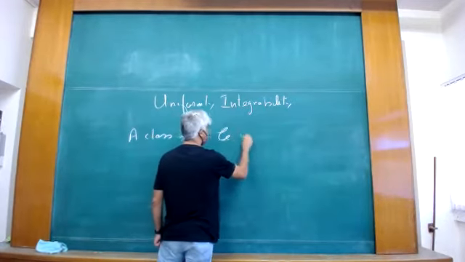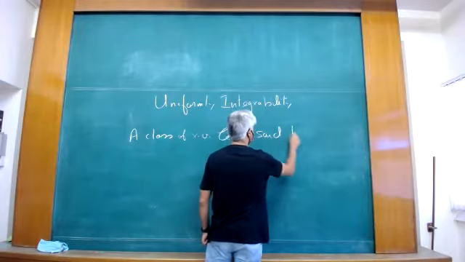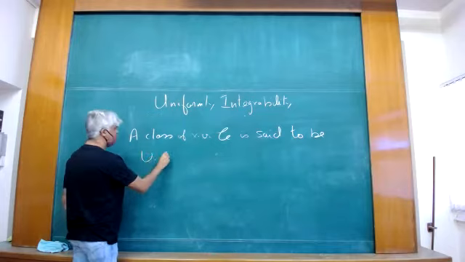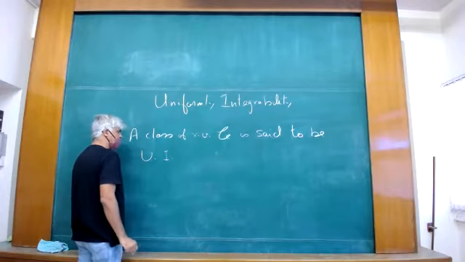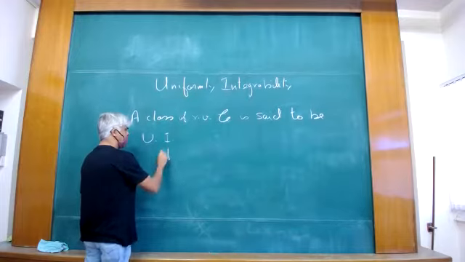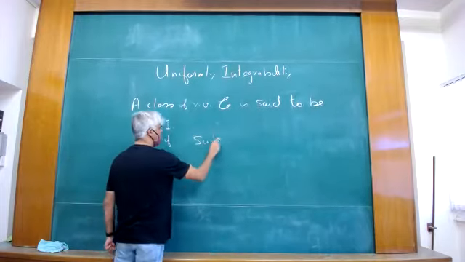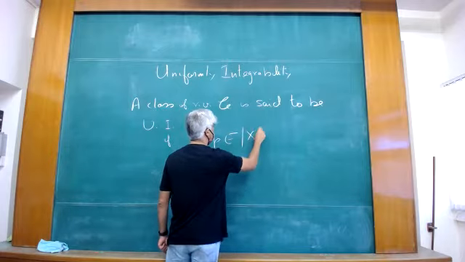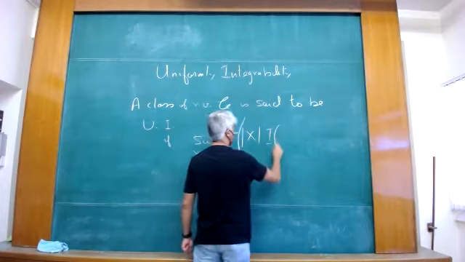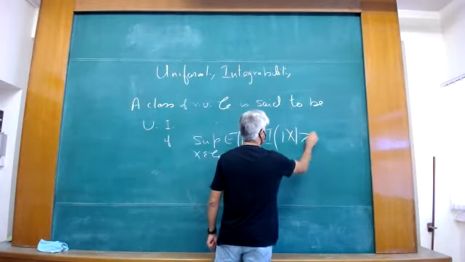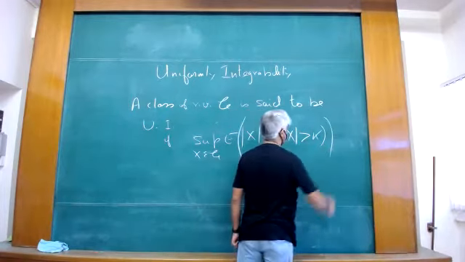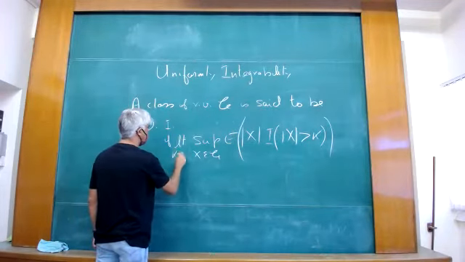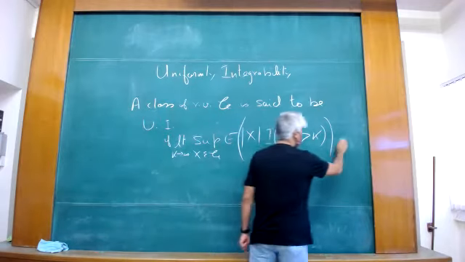C is said to be uniformly integrable if the supremum over x in C of the expected value of |x| times the indicator of |x| greater than k goes to 0 as k goes to infinity.